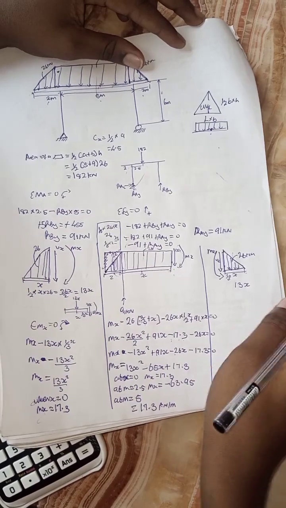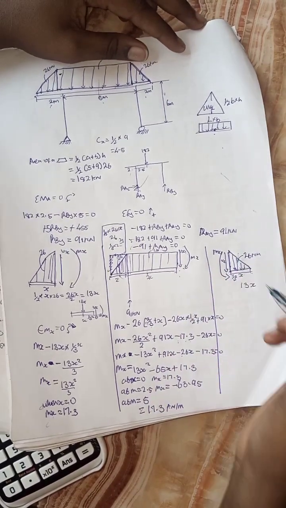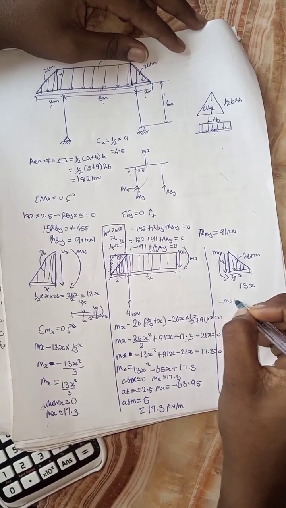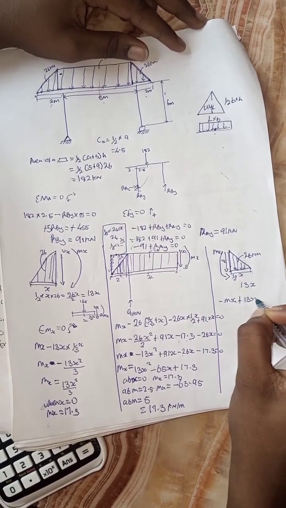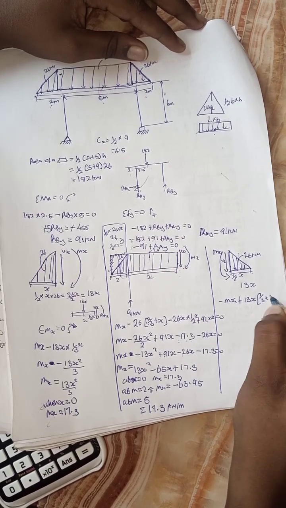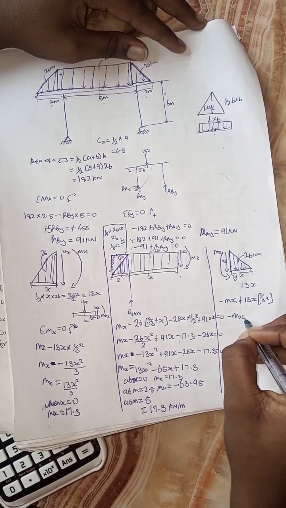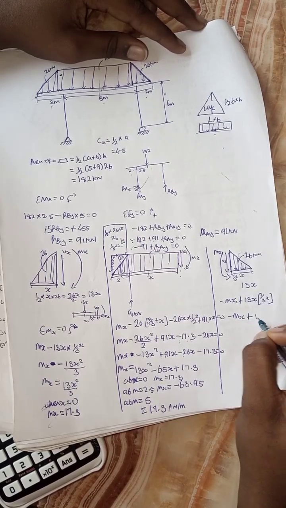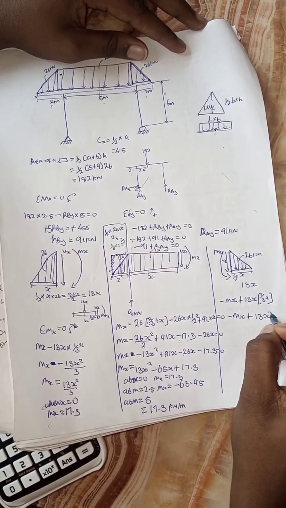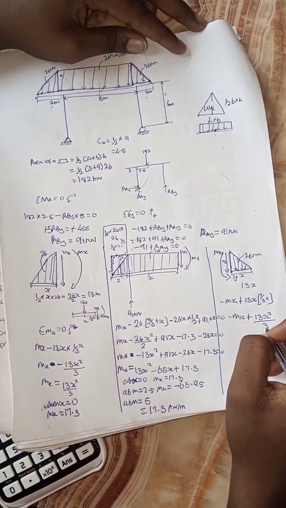So we have Mx going in the anti-clockwise direction, so minus Mx plus 13x into 1 over 3 of x. This now becomes minus Mx plus 13x square over 3. Do you agree with me?